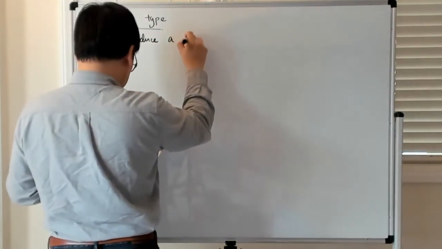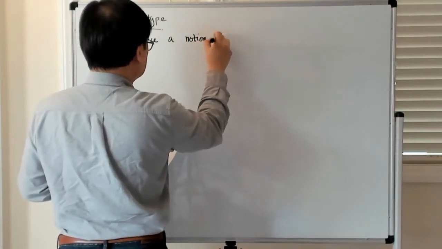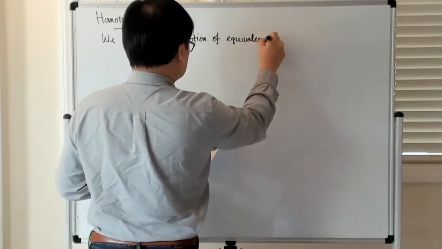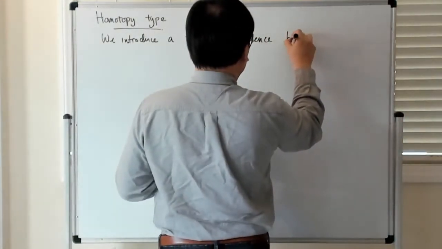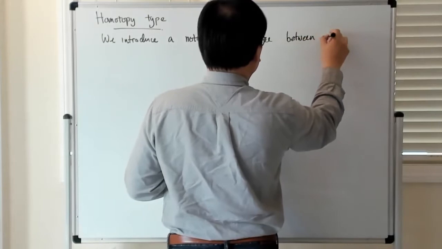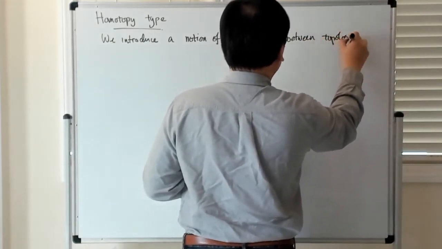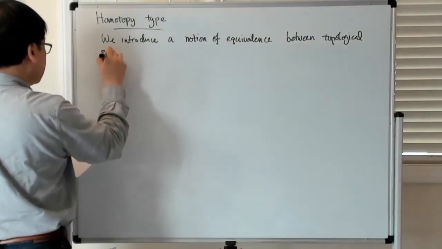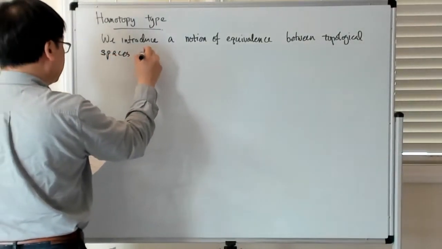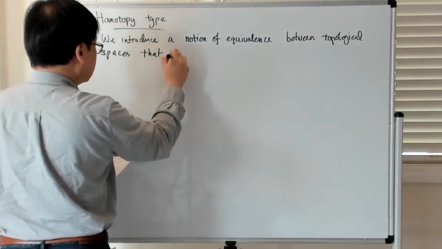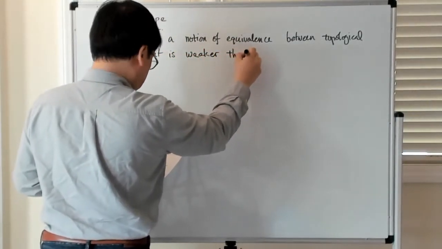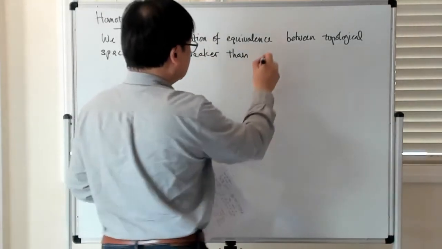a notion of equivalence between topological spaces that is weaker than topological equivalence.